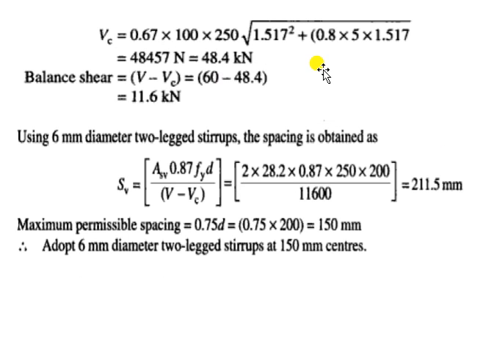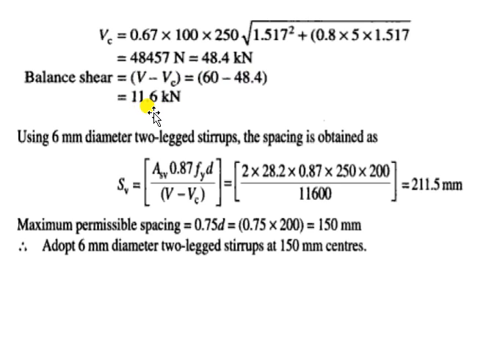So in this condition, shear reinforcement is required because the capacity of the member to carry shear force is less than the shear force acting on the member. Therefore, what is the shear that has to be balanced? Balanced shear is equal to V minus Vc. V is the actual shear acting on the member, that is 60, and Vc is the capacity of the member to carry shear force. So 60 minus 48.4 is 11.6 kilonewton.